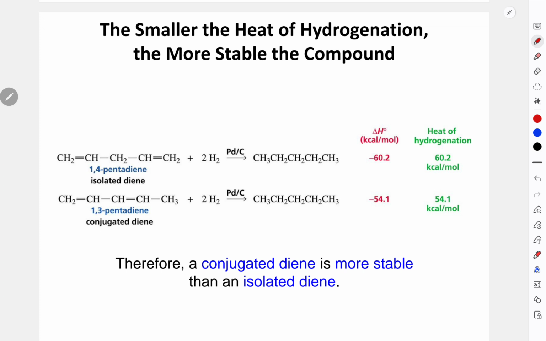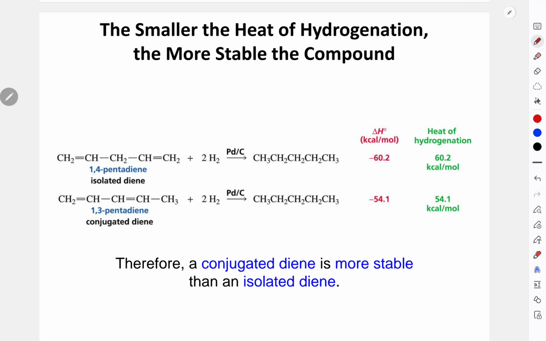So product states are the same, but you can measure the heat of hydrogenation by experiments and compare the magnitude. As a result, the 1,4-pentadiene gives you a higher number, and 1,3-pentadiene a lower number. What does this number mean? This number basically indicates the stability of the system. So 1,3-pentadiene resides lower in energy as compared to 1,4-pentadiene.